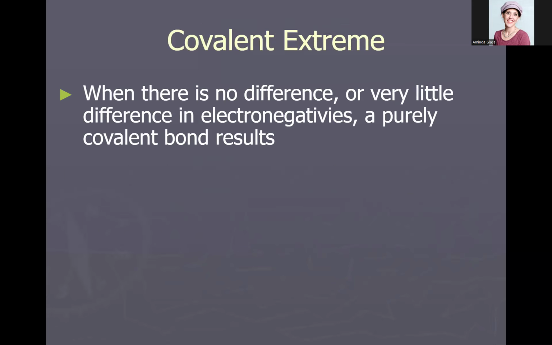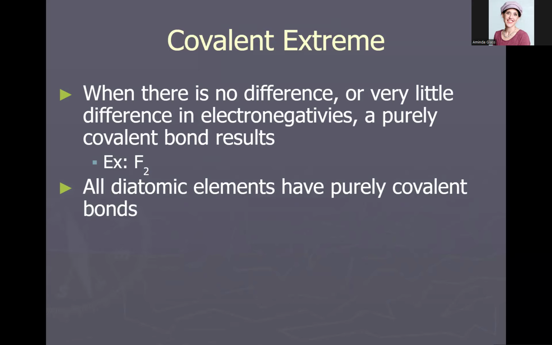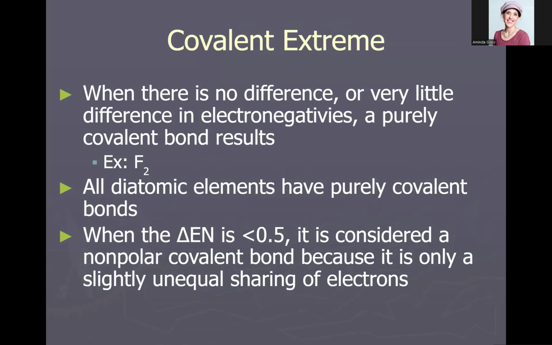Now, when there's no difference or very little difference in electronegativities, you have a purely covalent bond. That would be all your diatomic elements, because they're bonded with itself, so there's not going to be any difference.